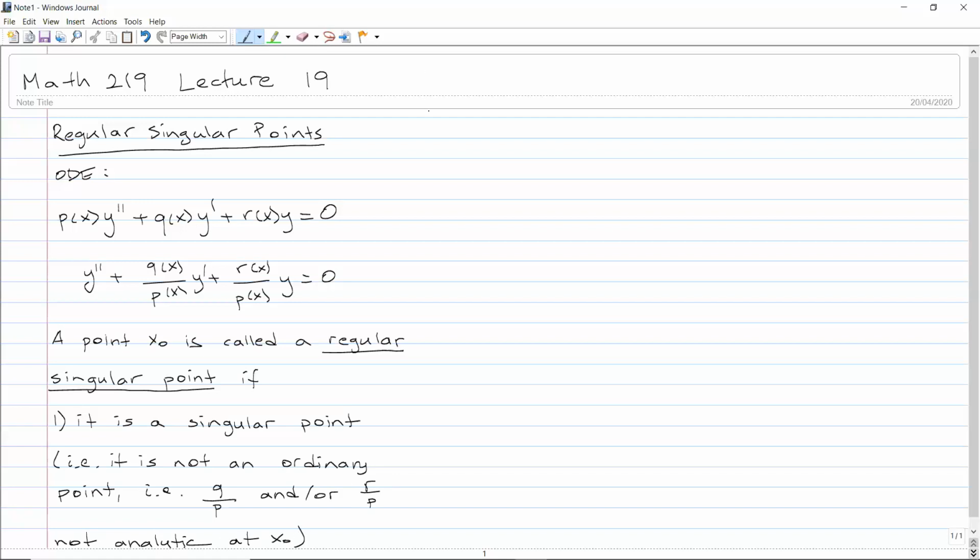But this is not enough. So this is a definition of a singular point. To be regular singular, we look at the limit as x approaches x0 of (x minus x0) times the function q(x) over p(x). We require this limit to exist, say alpha.